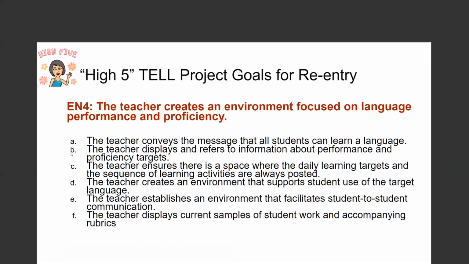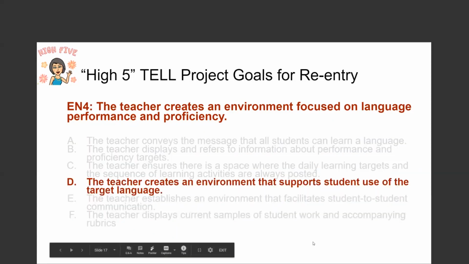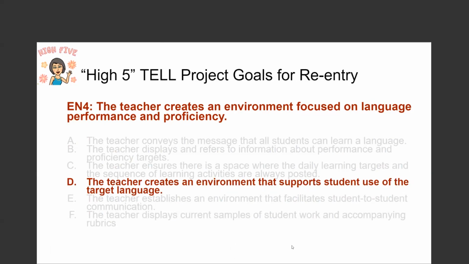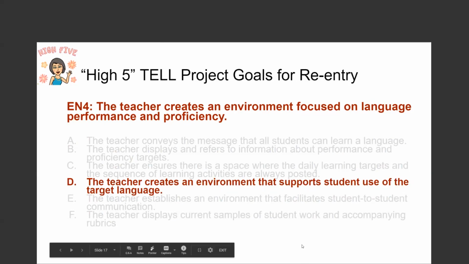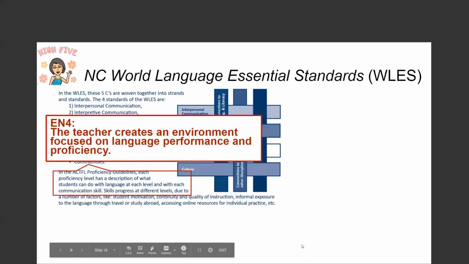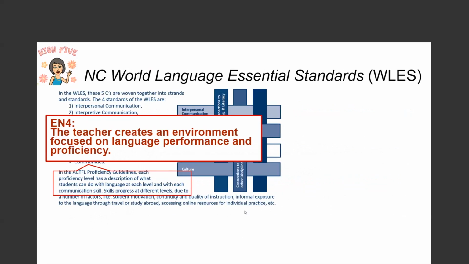And so specifically, we are going to talk about the teacher creating an environment that supports students' use of the target language within that environment focused on performance and proficiency.